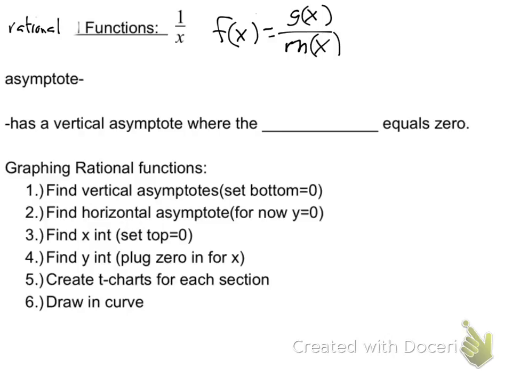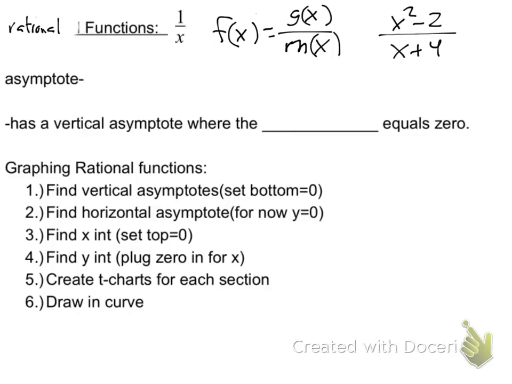It's basically a polynomial divided by another polynomial. So you might have something like 1, because 1 can technically be called a polynomial, over x. X is a polynomial. You could have something like x squared minus 2 over x plus 4.